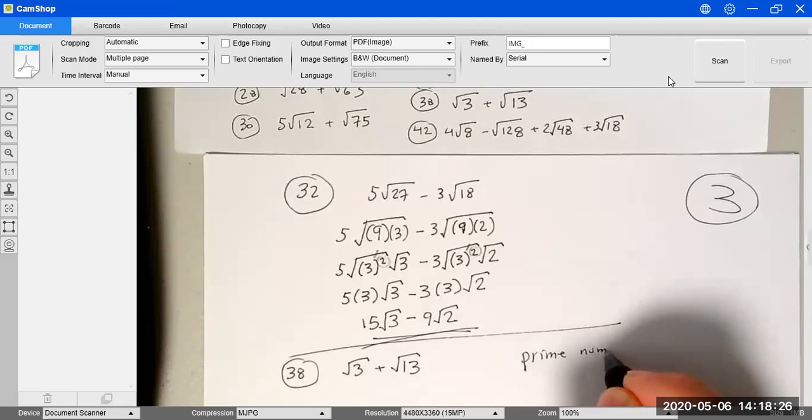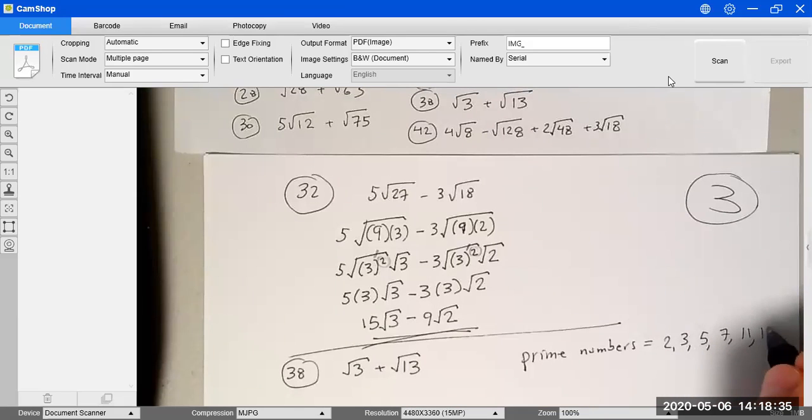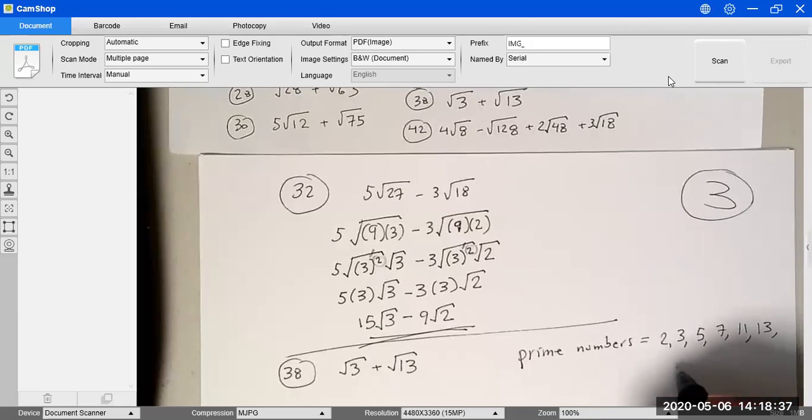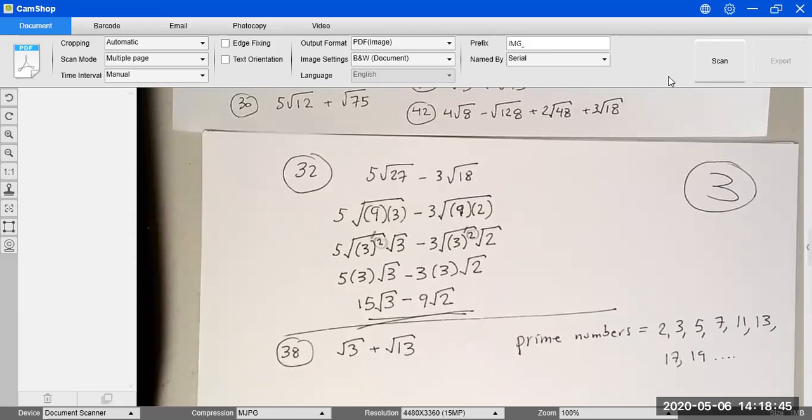Prime numbers are unbreakable. So prime numbers are 2, 3, 5, 7, 11, 13, 17, 19, 23, and you can just look for a prime number list on Google or any other source of information.